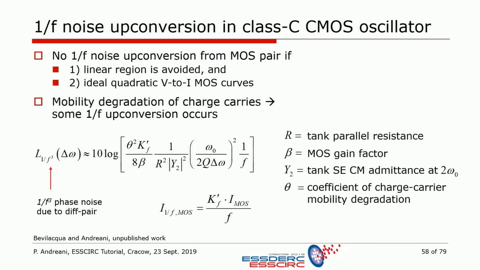The interesting thing here is that this is the up conversion of 1/f noise around the carrier, and this is the admittance of the tank at twice the oscillation frequency, at 2 omega 0. Many more details will be given tomorrow at 11:20.